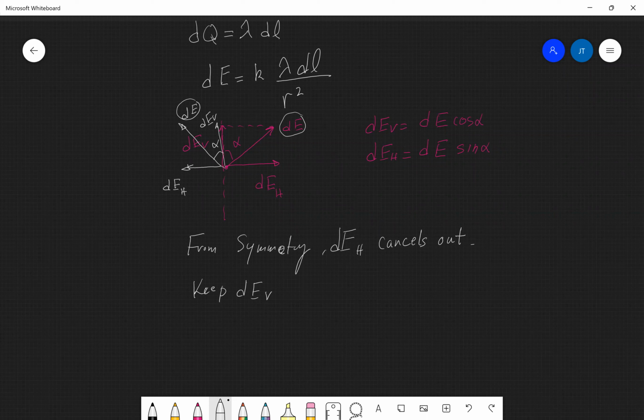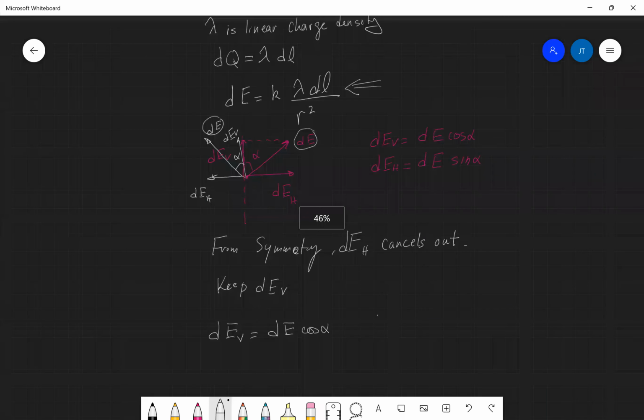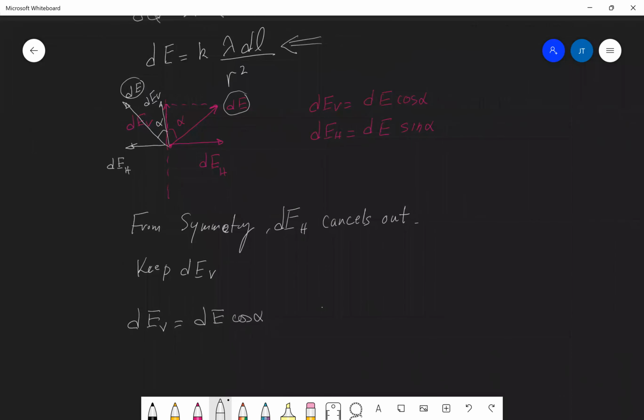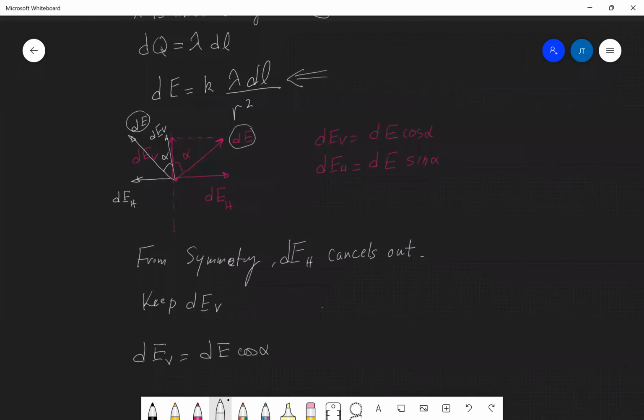Okay, so this dE right here changes now to dE vertical, which is dE cosine alpha. Almost done. We just need now to start plugging things in, but let's see what cosine alpha is.